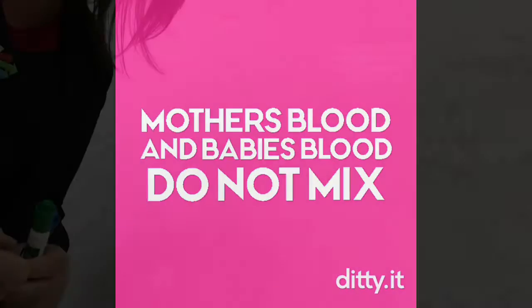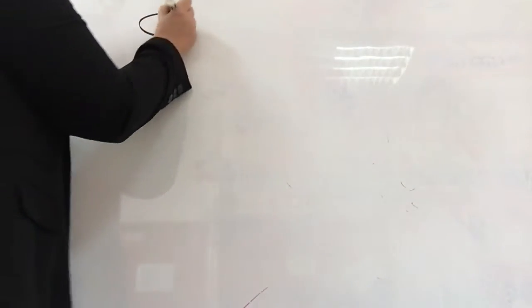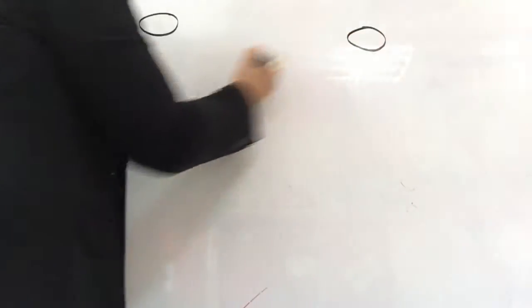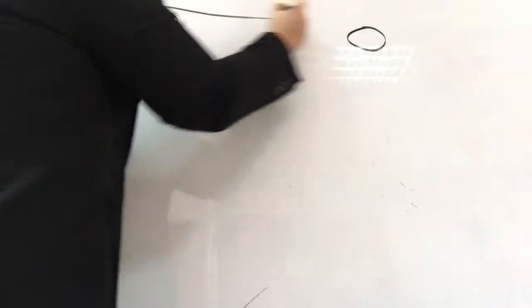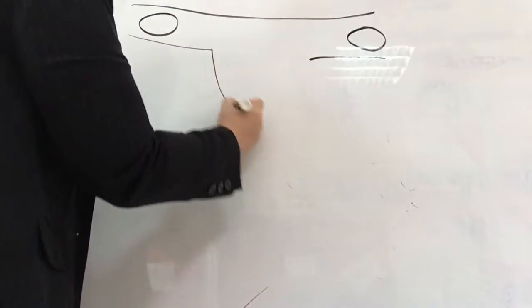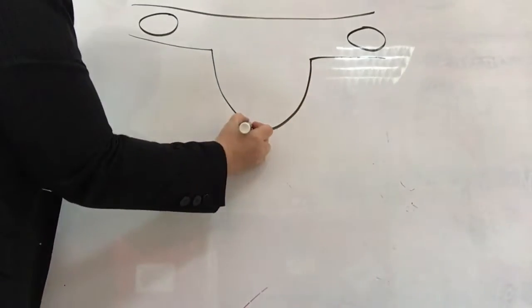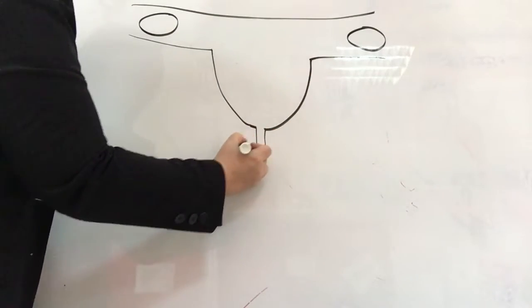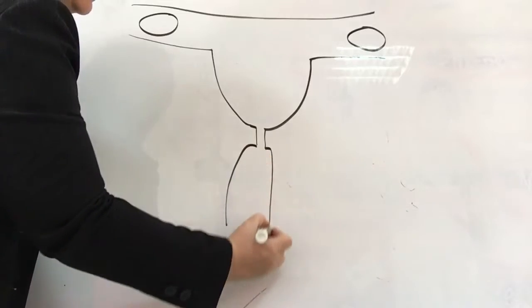So as we've said, the mum's blood and baby's blood do not mix. So if we just draw a diagram here, there's my ovaries, there's my oviducts or fallopian tube, the muscular uterus is here, the cervix and the vagina is there.